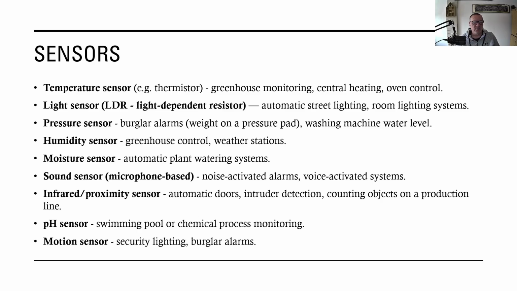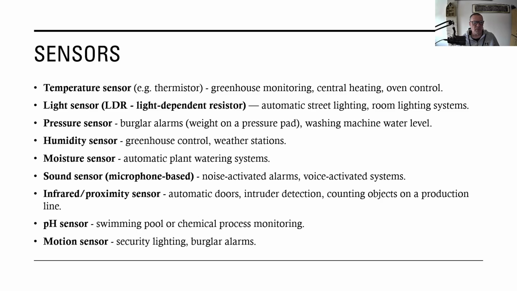Humidity sensors measure how much moisture is in the atmosphere, in the air around, so they could be used in a greenhouse or weather station. Moisture sensors could be used for automatic plant watering systems, so we put a moisture sensor in the soil next to a plant, and then we can tell when it needs to be watered or not.